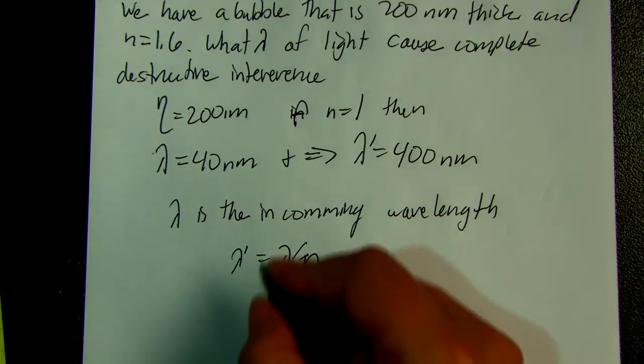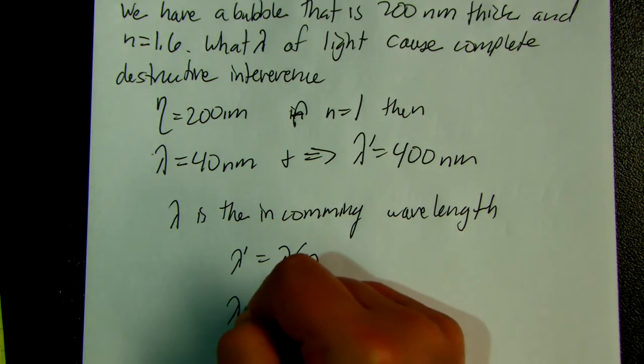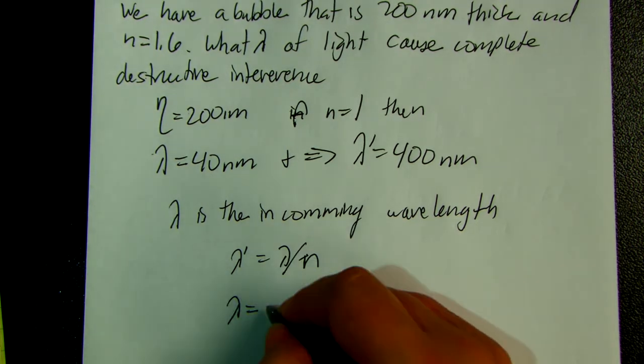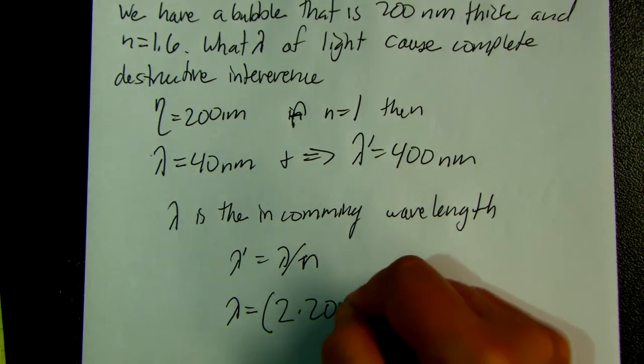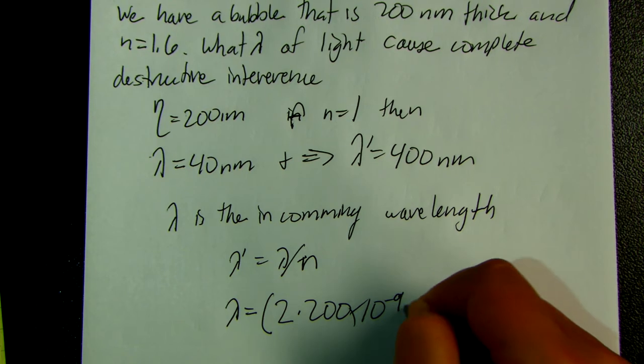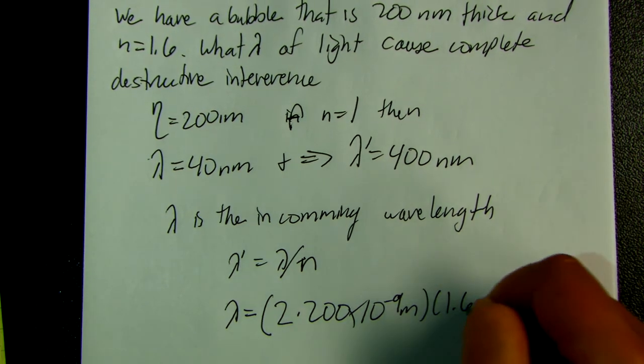And so for this bubble, our lambda is going to be equal to 2 times 200 times 10 to the minus 9 meters times 1.6.